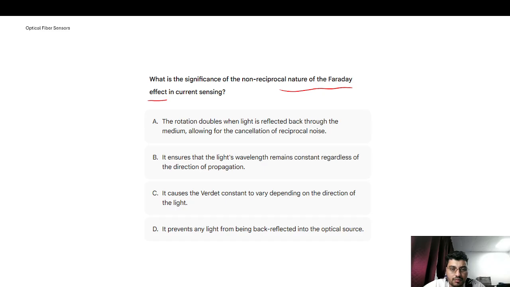The significance of the non-reciprocal nature of the Faraday effect in current sensing: the light is reflected back through the medium, allowing the cancellation of the reciprocal noise and doubling the rotation to 2 theta.